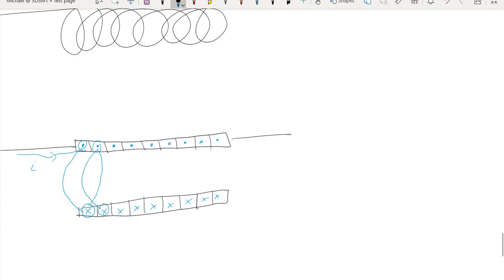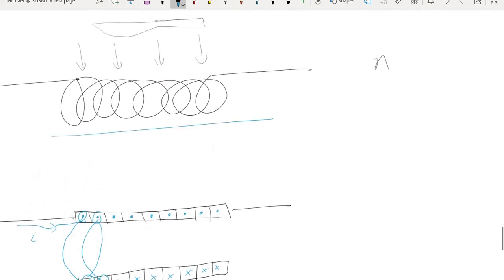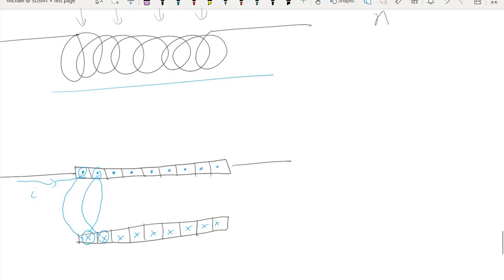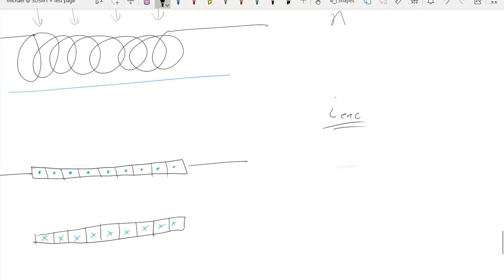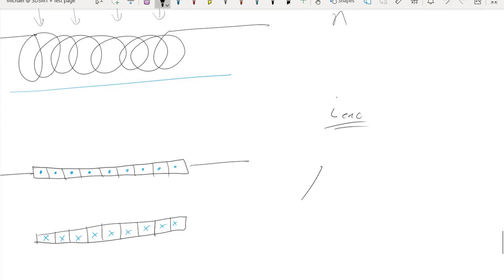And so we keep doing that to make the full coil of the solenoid. Well, the reason that I want to see these cross-sectional cuts is because every time our wire carries current into and out of the board, that's another amount of enclosed current that we need to consider for Ampere's law.